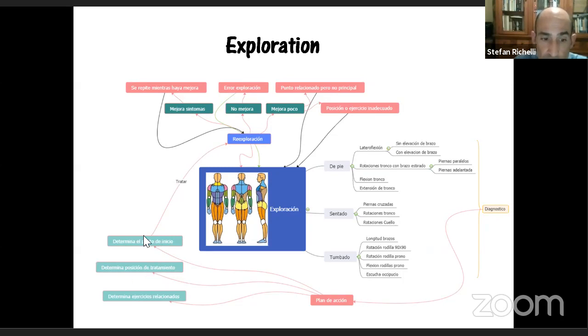So how can we be sure that it's really the most important area that we have to treat? We treat this point or area for about 2 minutes, not more, because in 2 minutes, normally if you make a good technique, there will be a change that you can measure or consider, and you make a re-exploration.